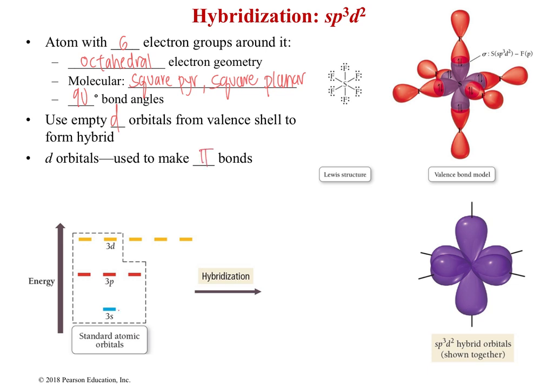So now we have 6 electron groups, so we have 1 from the s, 3 from the p, and now the extra 2 come from the d orbitals. So 6 go in, 6 come out. All 6 are called sp3d2 orbitals, and 3 of the d orbitals remain unhybridized. So that gives us our octahedral shape.